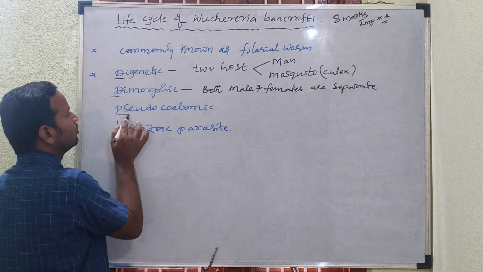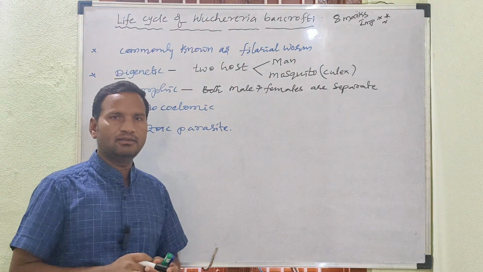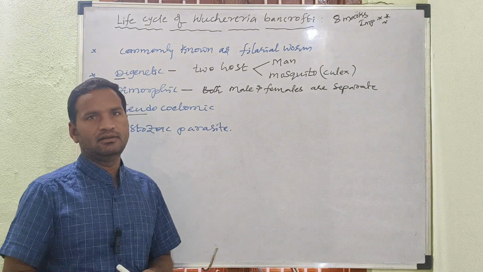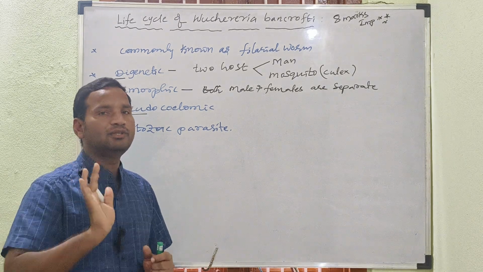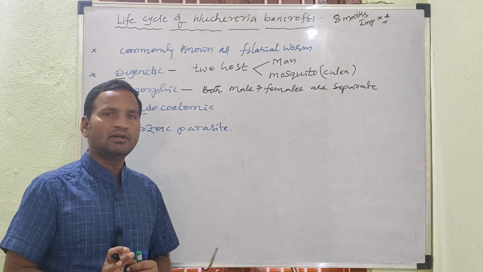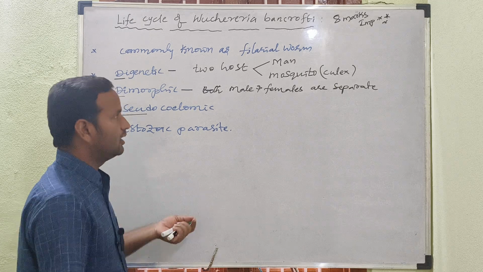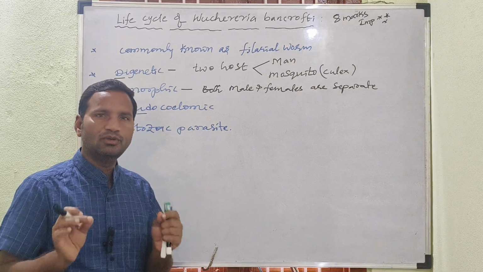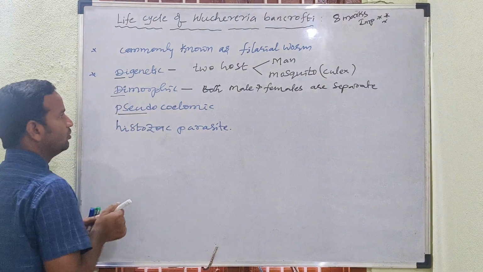The next one is pseudocoelomic parasites. Pseudo means false. There is no proper coelom, but a coelom-like cavity is there. Coelom means body cavity, so these parasites possess a pseudocoelom. That's why it is called a pseudocoelomic parasite.